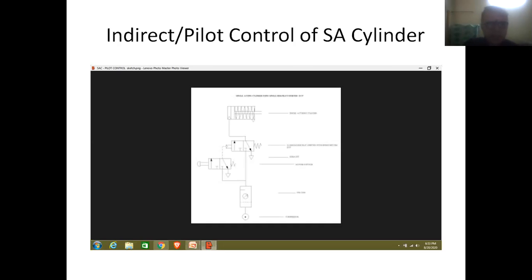And secondly, we can see the arrangement of the system pipeline. This pipeline is used for connecting the outlet of the DC valve and the port of the cylinder. So therefore, it is referred to as a system pipeline. And here we can see the exhaust ports of a pilot valve and DC valve.